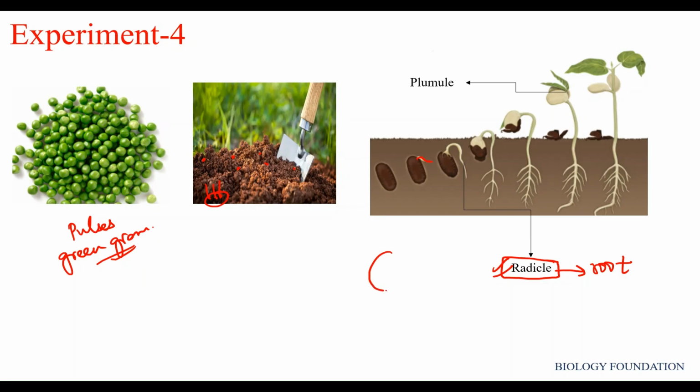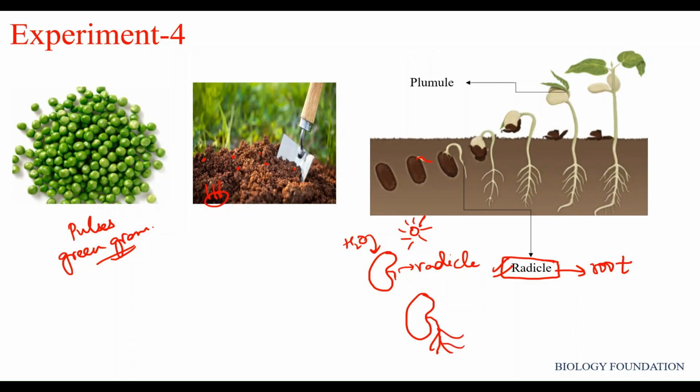When you water the seed properly and provide sufficient sunlight, that means there are all favorable conditions for the seed, then it starts germinating, where you can see a small structure developing. This initial structure is called the radicle, and during later stages of development, this radicle gives rise to roots.